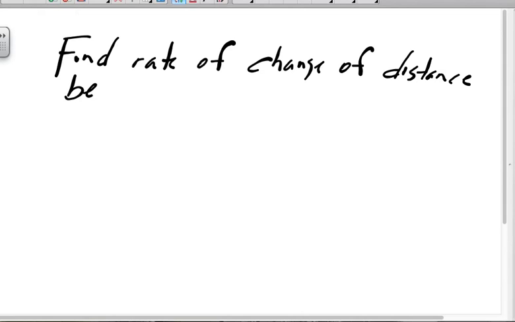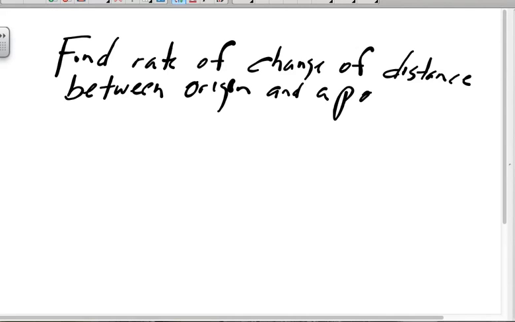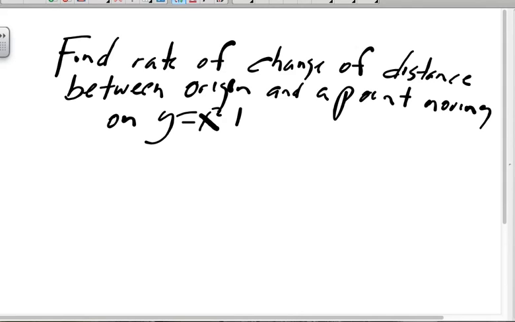Between the origin and a point moving on y equals x squared plus 1.